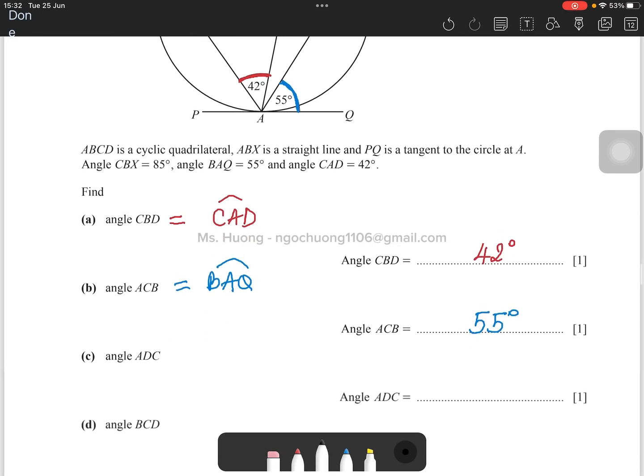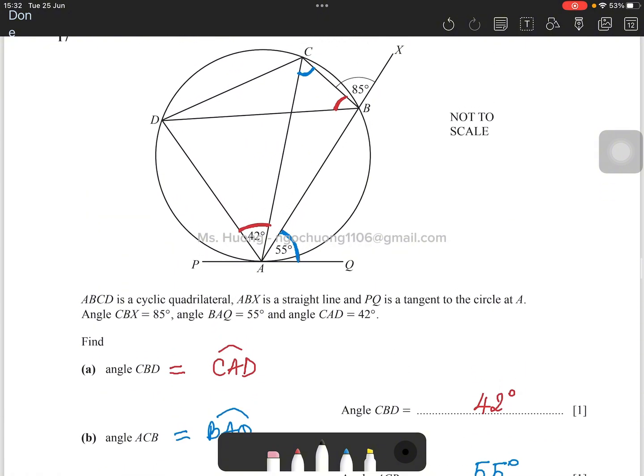C, find the angle ADC. ADC is this angle. Now it's time to use the cyclic quadrilateral. First, in a cyclic quadrilateral, the angle ADC plus the angle ABC should be 180 degrees, because ABCD is a cyclic quadrilateral.